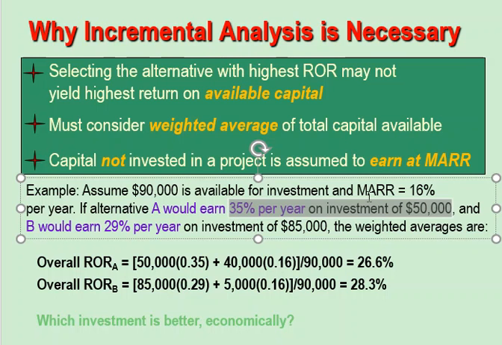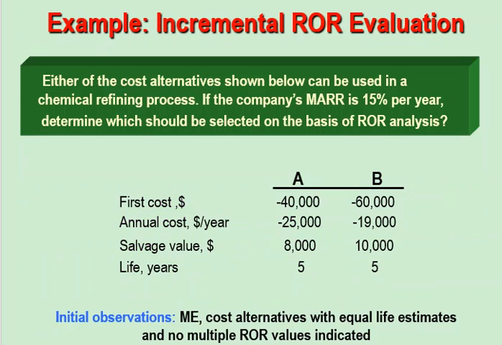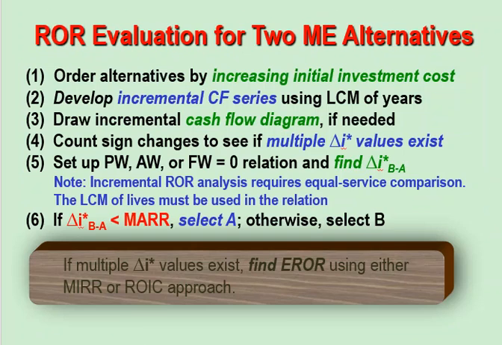So just being a high rate does not mean it is accurate. So I have to know the total available investment, whether I have MARR plus the investment or the investment by itself. And that's why we go with the incremental rate of return.